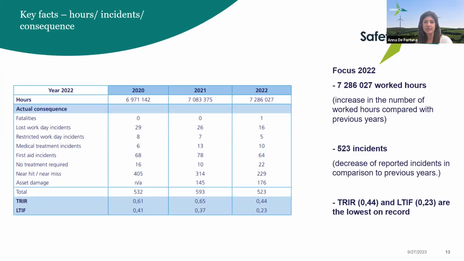What you'll see is that this is a decrease in the number of reported incidents if we compare it to the previous years, with a total of 593 incidents reported in 2021 and 532 incidents reported in 2020.